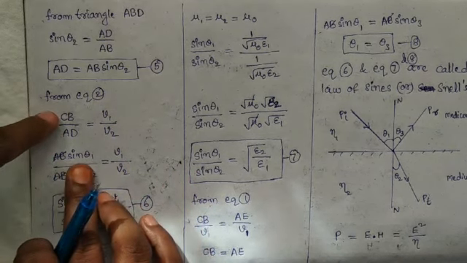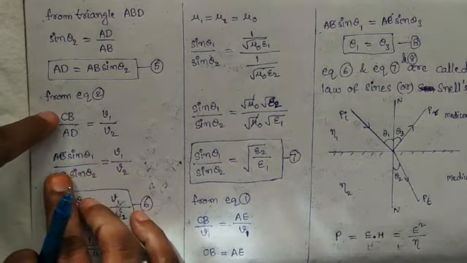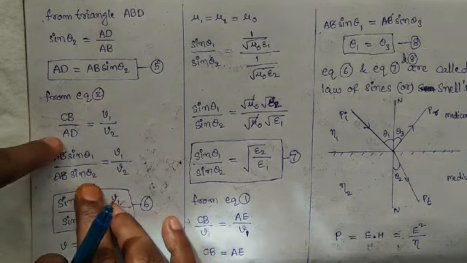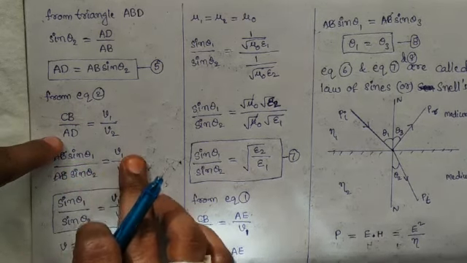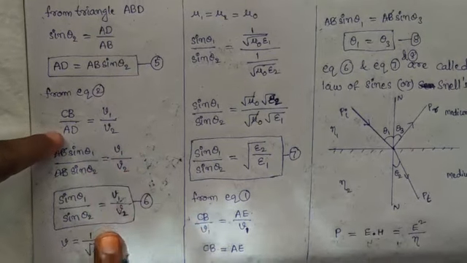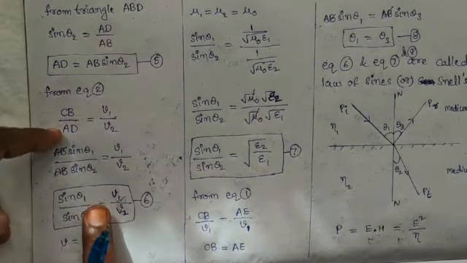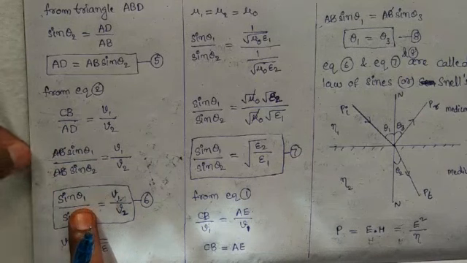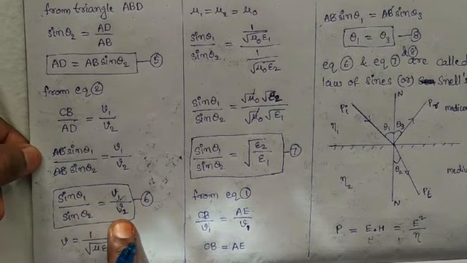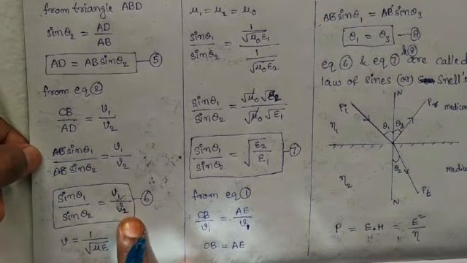CB is AB sin θ1 and AD is AB sin θ2, and this is equal to v1 by v2. Here AB gets cancelled, so sin θ1 by sin θ2 is equal to v1 by v2.